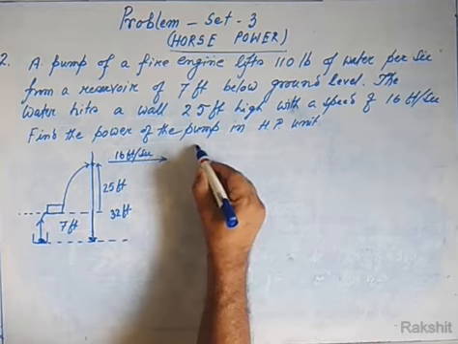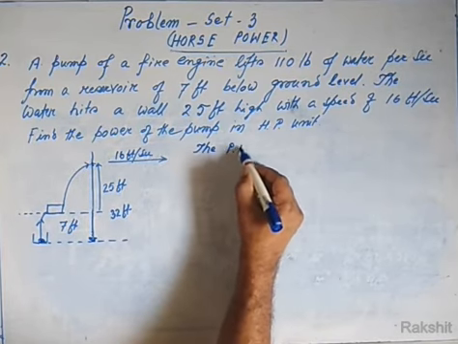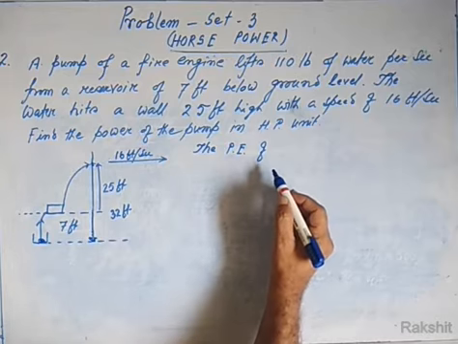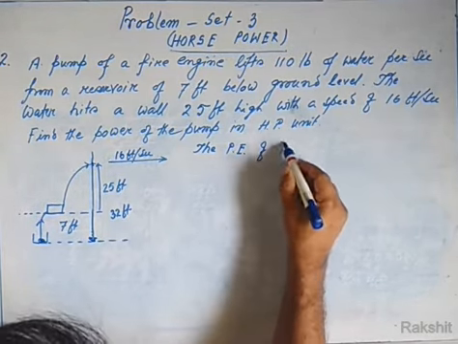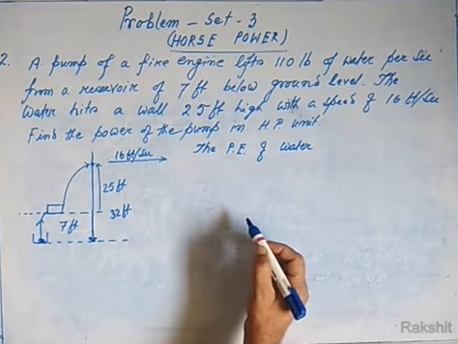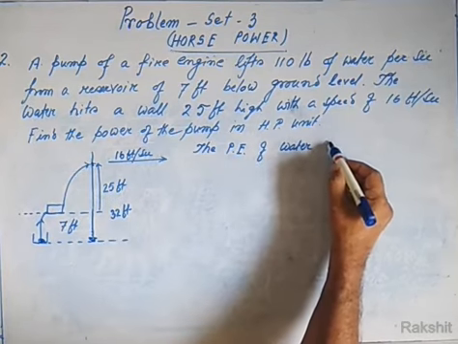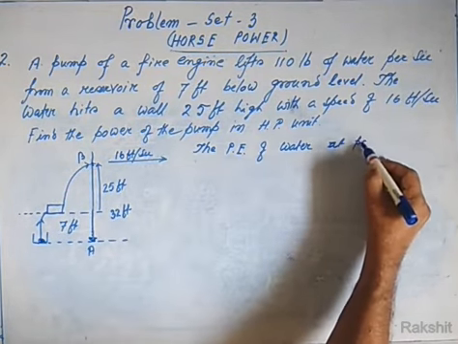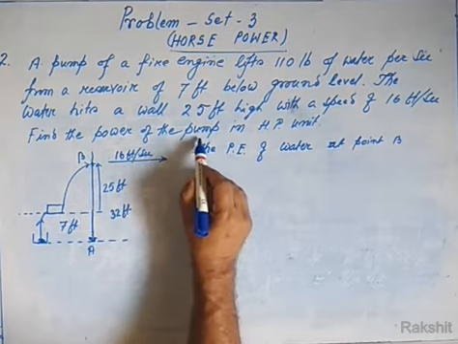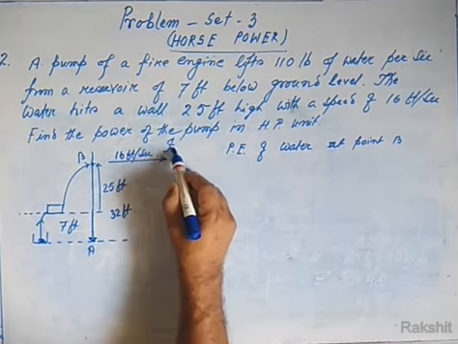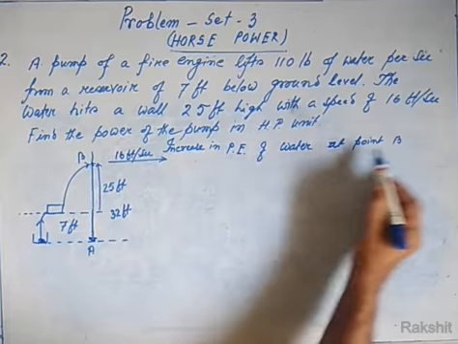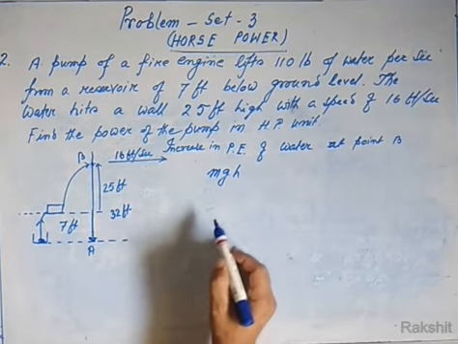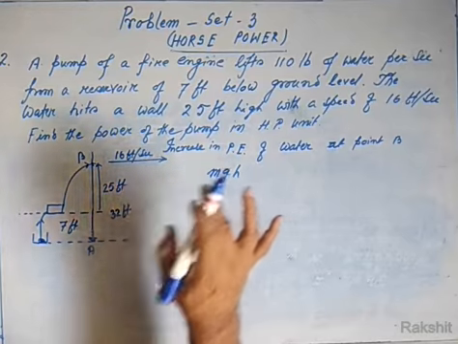Now we calculate the potential energy. The potential energy of water at point B, or the increase in potential energy at point B, is equal to mgh actually, but in foot-pound unit it is only m into h.